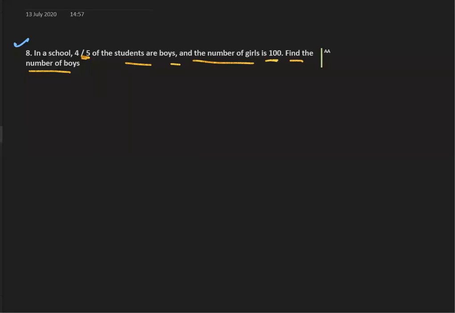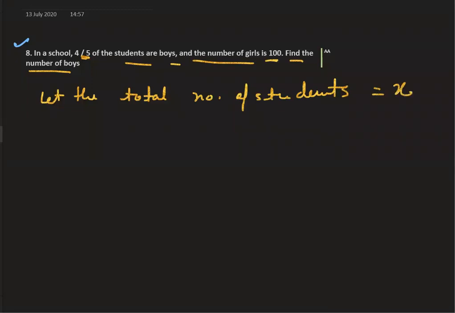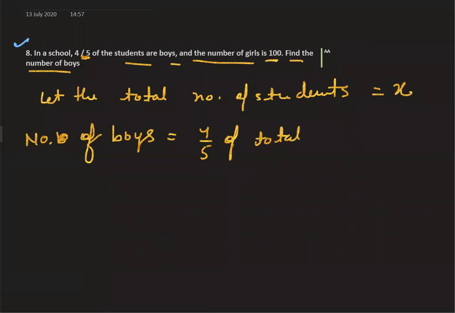4/5 of the students are boys and there are 100 girls. So let the total number of students be X. So number of boys is equal to 4/5 of total students.